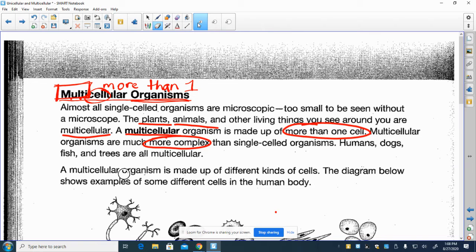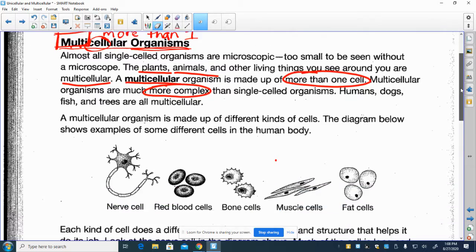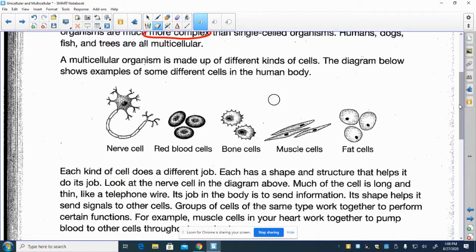A multicellular organism is made up of different kinds of cells. The diagram below shows examples of some different cells in the human body. And we're actually going to put these cells here in our notes in just a minute. So you'll be drawing in these different types of cells.